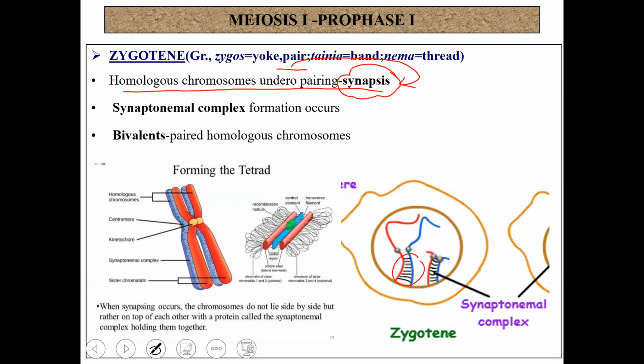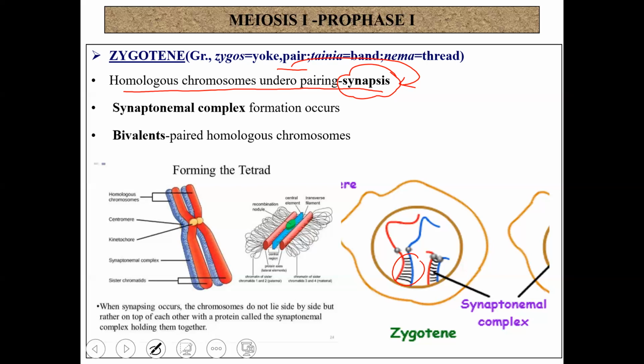The synaptonemal complex will have a ladder-like appearance, due to the proteins which help in the pairing process. When synapsis occurs, the chromosomes do not lie side by side, but rather on top of each other, with the protein synaptonemal complex holding them together.